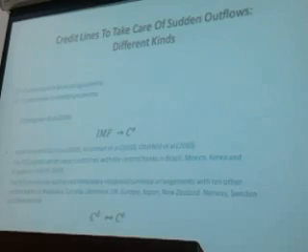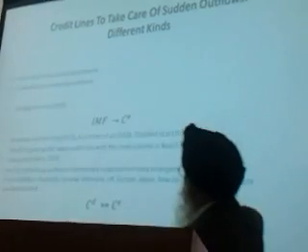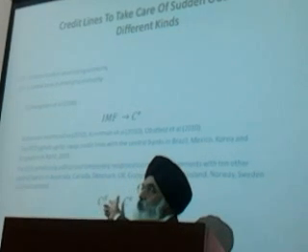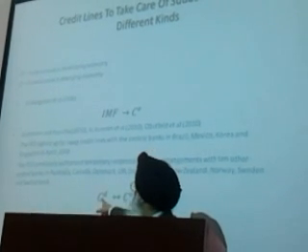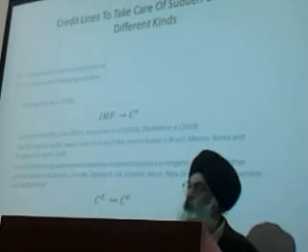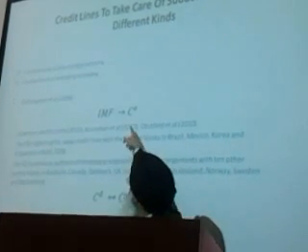However, there have also been swap credit lines, and some countries are mentioned here. So this is a credit line from the central bank in a developed economy to the central bank in an emerging economy, or the other way around. So it's two-way credit line, unlike this, which is a one-way credit line.